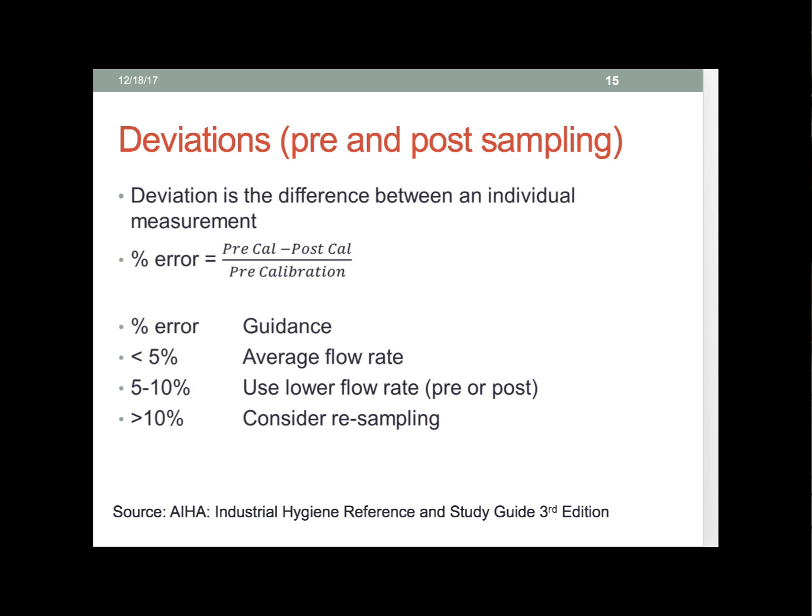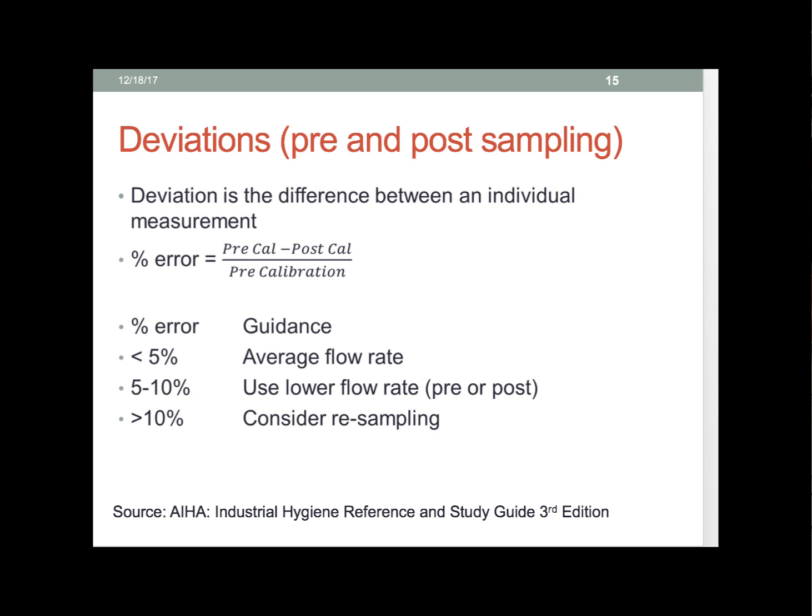If our percent error is greater than 10%, then we should really consider resampling. Some people will again use the lower flow rate, either the pre or the post, but the AIHA guidance document tells us that we should really consider resampling.